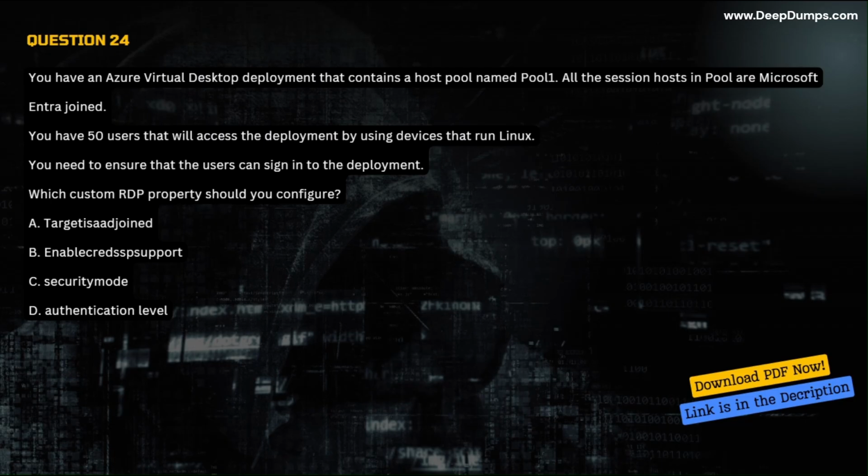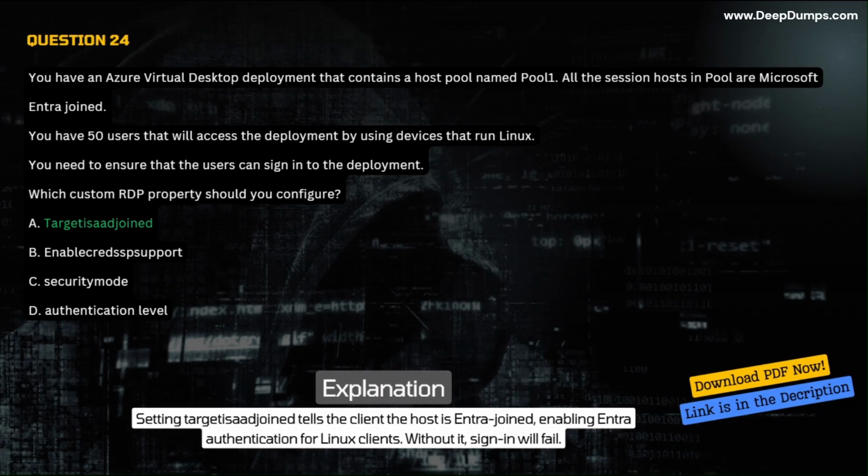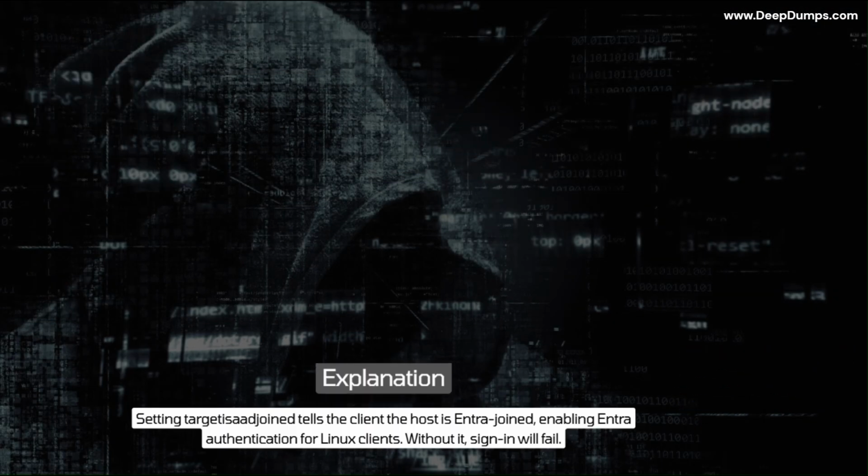A. targetisaadjoined. B. Enable credssp support. C. Security mode. D. Authentication level. Correct answer A. targetisaadjoined. Explanation. Setting targetisaadjoined tells the client the host is Entra joined, enabling Entra authentication for Linux clients. Without it, sign-in will fail.